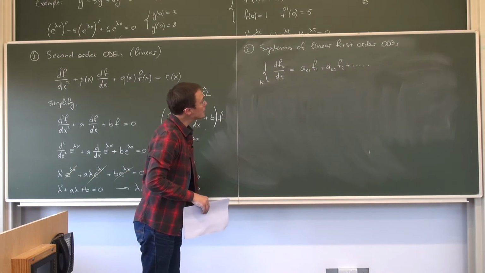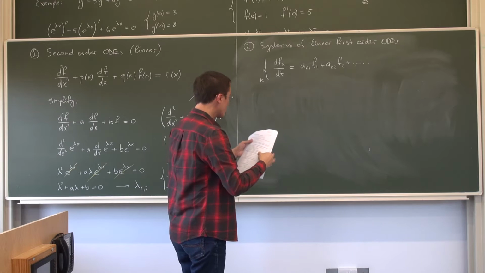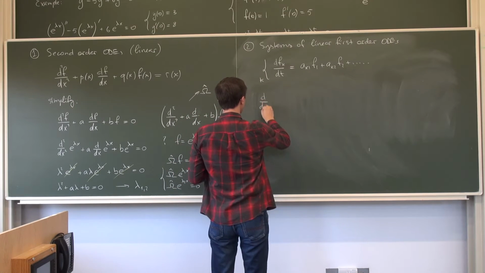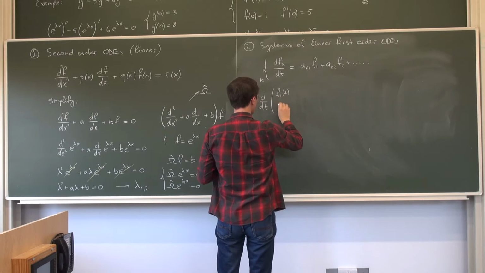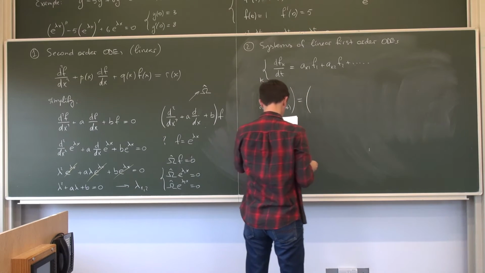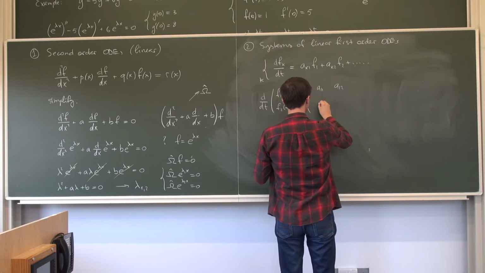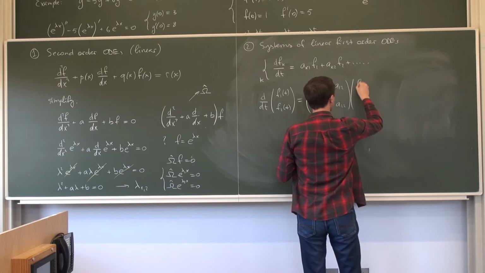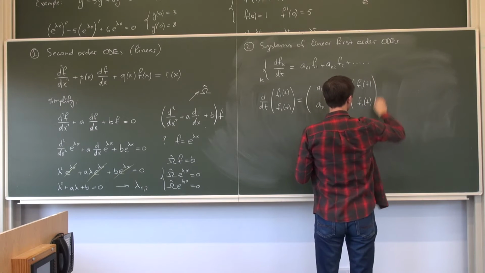We can write this out in matrix form as well. For example, for a 2 by 2 system, d by dt of f1 of t and f2 of t will be the corresponding coefficients a11, a12, a21, a22, and then the same vector f1 of t, f2 of t.